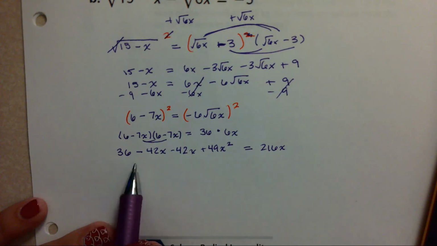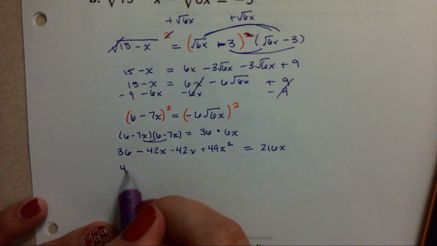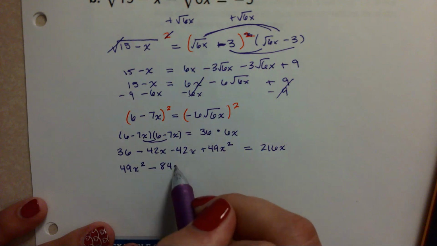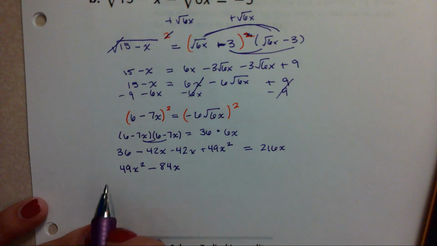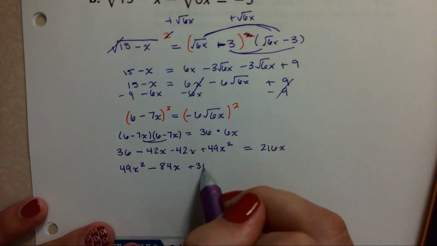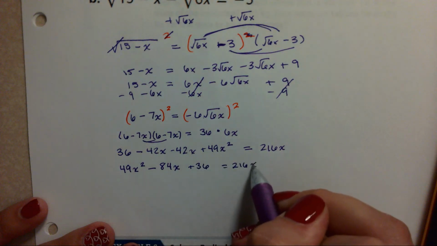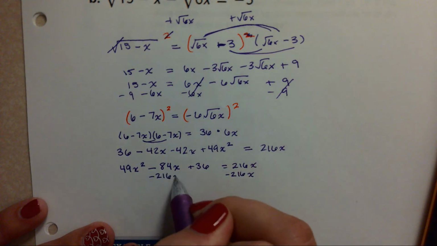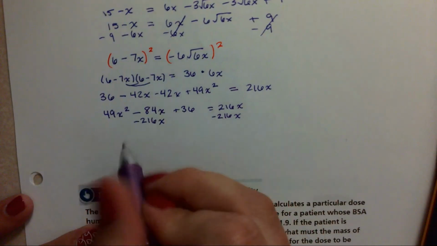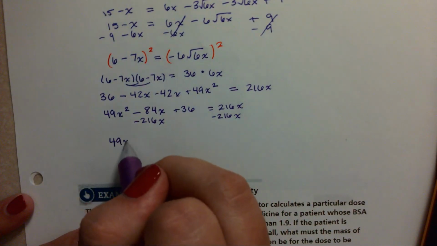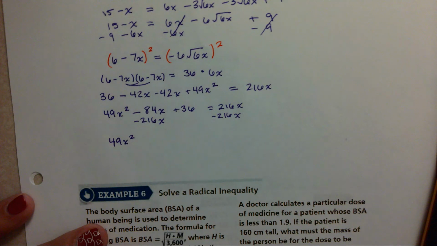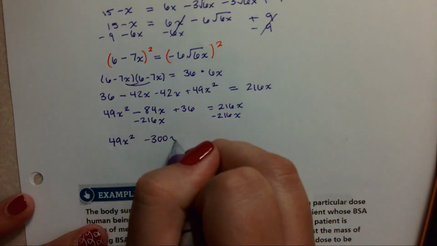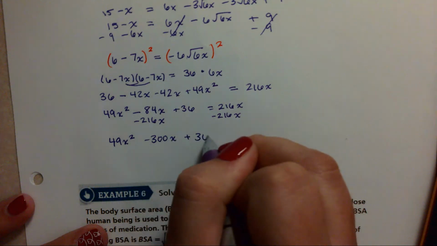All right, I'm going to rearrange this to be in standard form. Combine my two like terms. That's plus 36 equals 216x. And now I'm going to subtract 216x. And I'm going to get 49x squared. Let's see, negative 84 minus 216 is negative 300x plus 36.